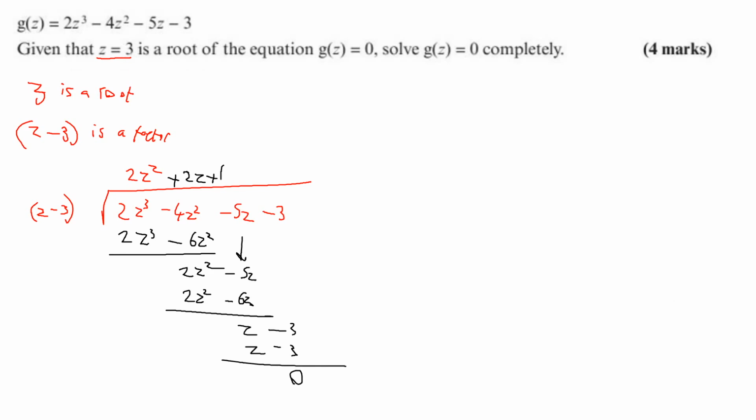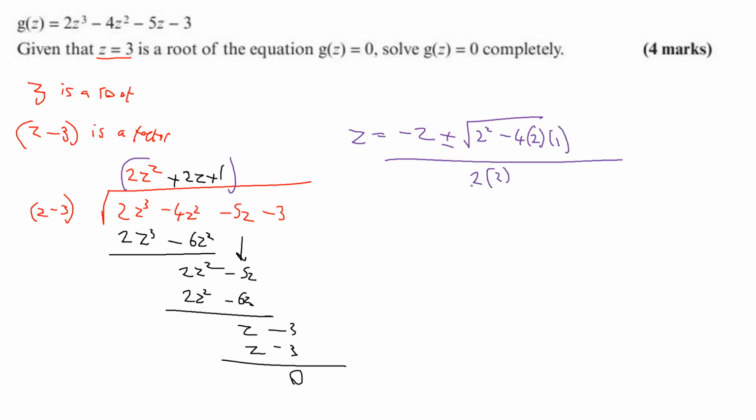Perfect. Now, how are we going to solve this polynomial to find the other roots? z is going to be minus 2 plus or minus the square root of 2 squared minus 4 times 2 times 1, all divided by 2 times 2, which is the same as minus a half plus or minus the square root of 4 times 2 is 8, so that's just going to be minus 4.